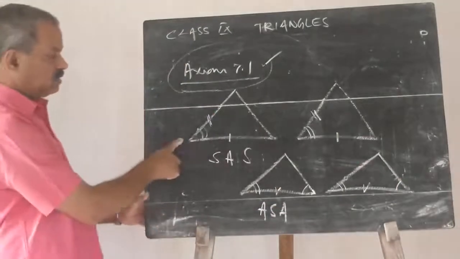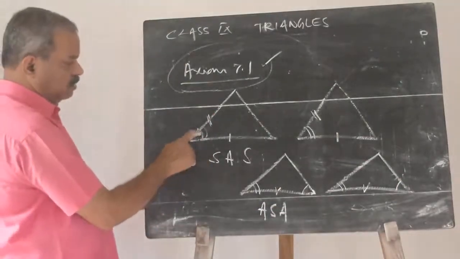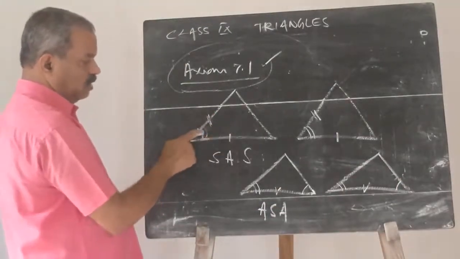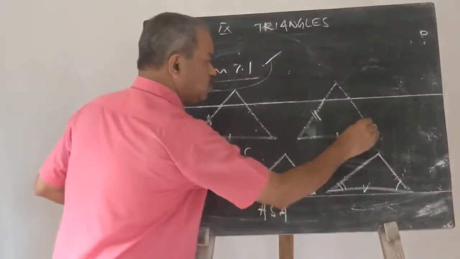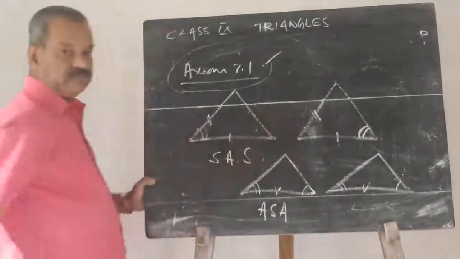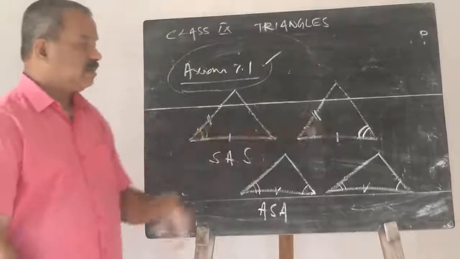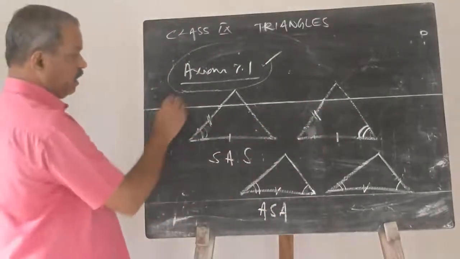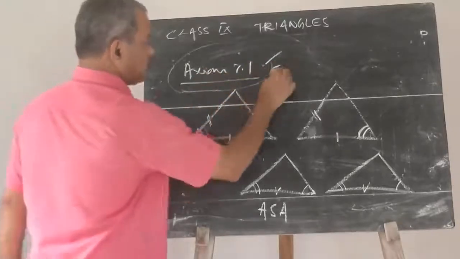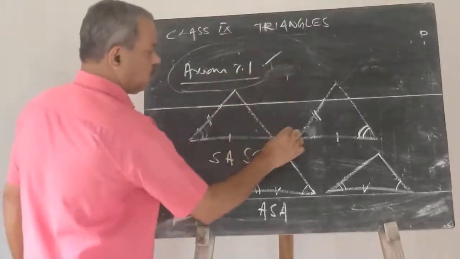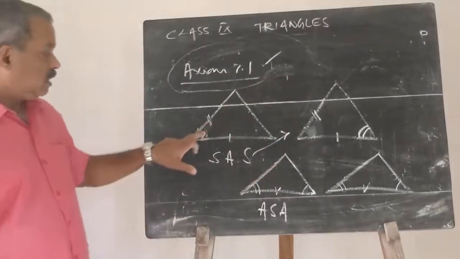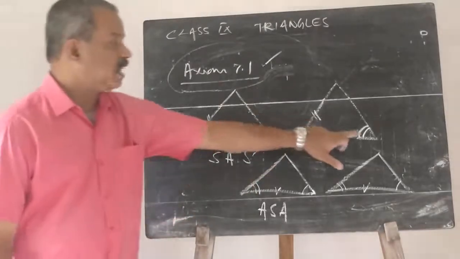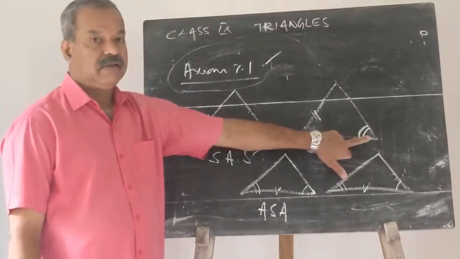In the first case, suppose we are given that these two sides are equal, and if these two angles are equal, can you say that these triangles are congruent by SAS rule? No, because this angle is not the included angle.